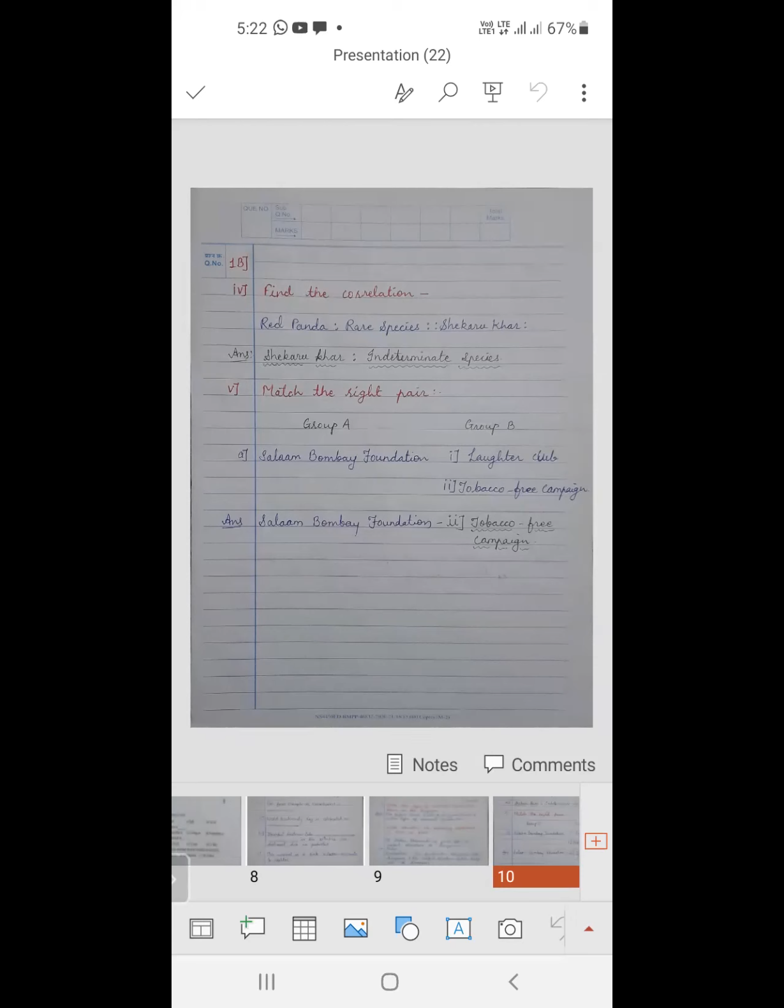Now next one, match the right pair. Group A contains only one option and group B contains two options. The first option is laughter club, the second one is tobacco free campaign, and group A contains only one option, that is Salam Bombay Foundation. You have to match one option, and Salam Bombay, you know, is a tobacco free campaign. So you have to write it in this way.